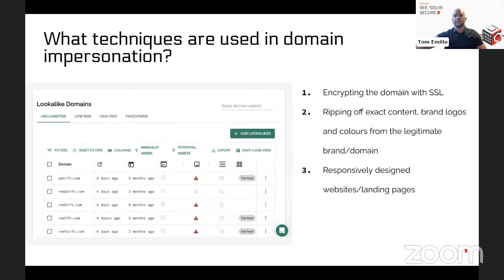They look good. They're going to look good across all different browsers. They're going to look sharp on mobile, right? I mean, the days of broken-looking websites are over. It's so easy to have a good-looking site. I've even seen examples where bad actors have respectively better-looking sites than the brand itself, right? So these things are all common. These are things that we're up against when we talk about these impersonation techniques.